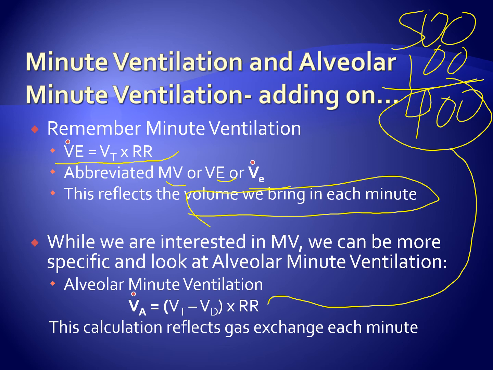A lot more reflective of how effective their ventilation is overall. So this is something we can look at more specifically instead of saying, oh, they have a good tidal volume. Well, as we looked at before, if they're hypopneic, if they're breathing very shallow, that's not going to be very effective and they're going to have a lot of dead space.